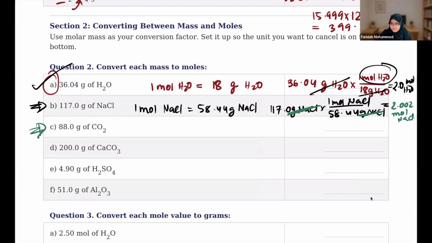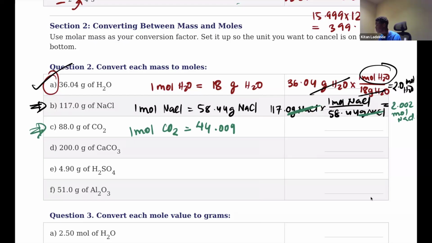Kaiden, do you want to do C? Step by step. So first, I got 1 mole CO2 is 44.009. Number, unit, identity: you have the number 44.009 what?